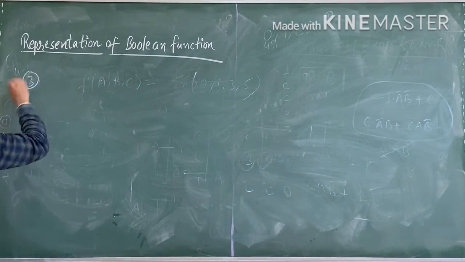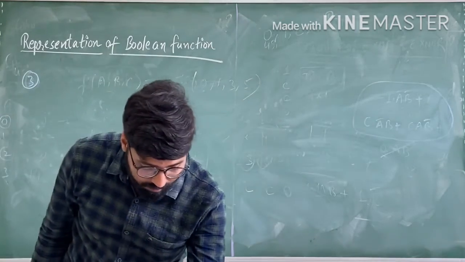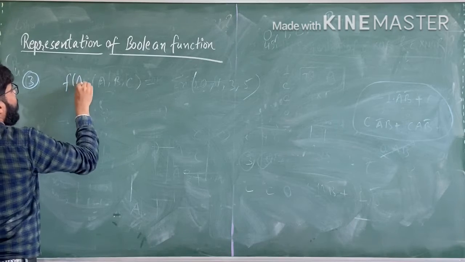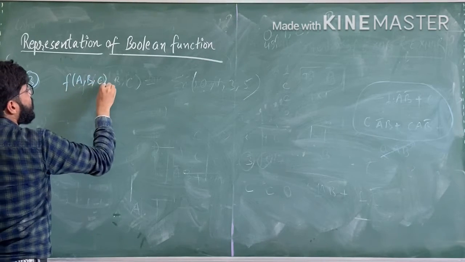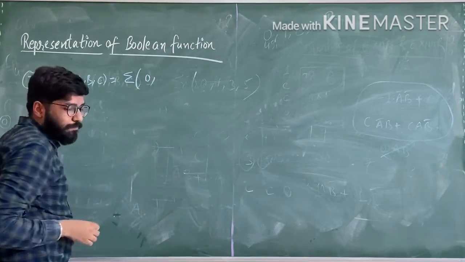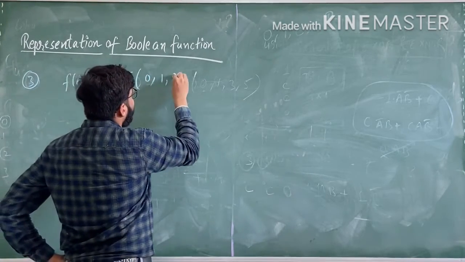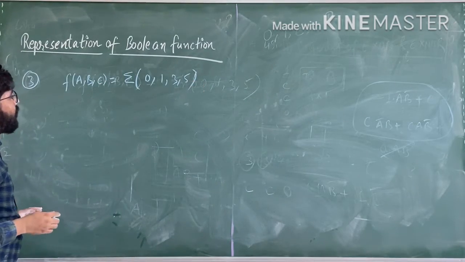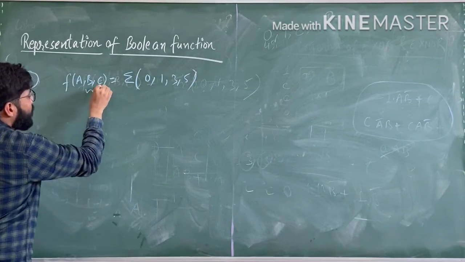Question number 3. In question number 3, suppose the function F(A, B, C) is summation of 0, 1, 3 and 5. Now you have to solve this question by taking select lines B and C only.